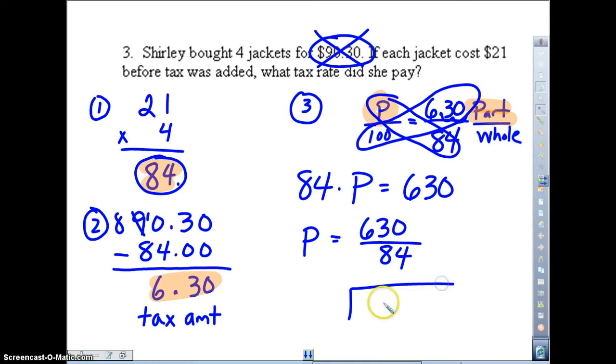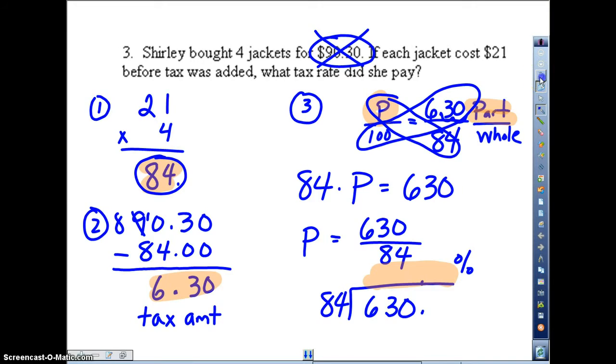Which one goes in the house? The 630. 84 goes out here. When you get the answer that goes right here, that's going to be your percent, so don't forget to put a percent on the end. Now you just have to divide this out. Let's see what you get. What did you get?